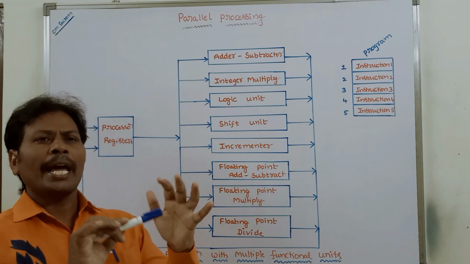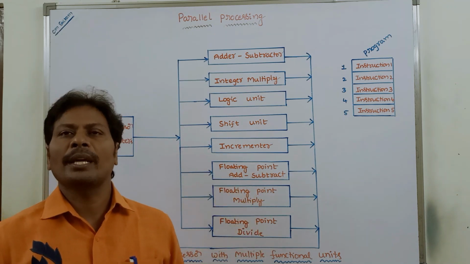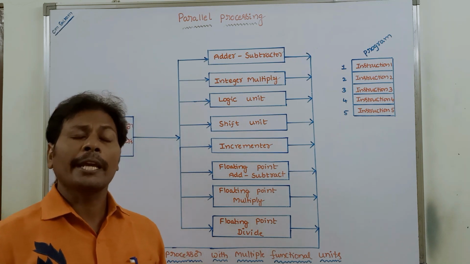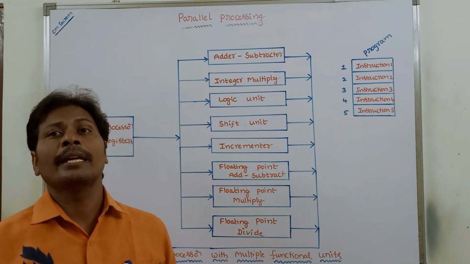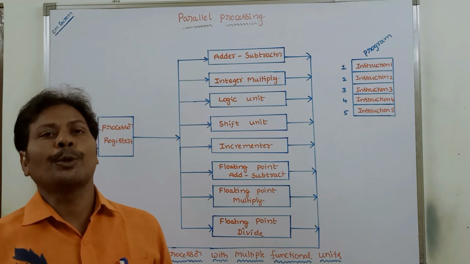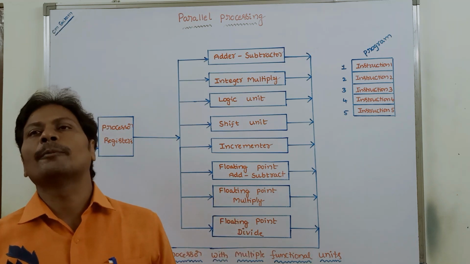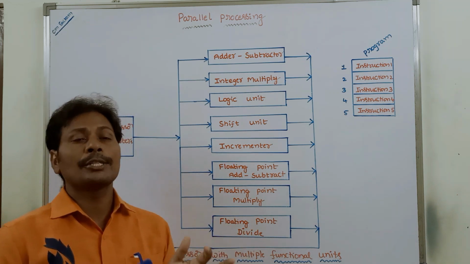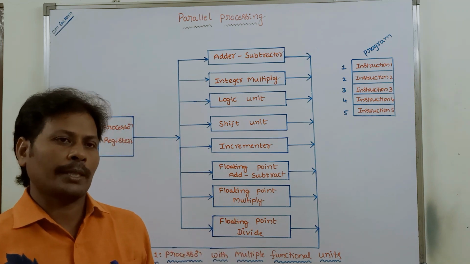So, more than one operation can be executed at the same time by using multifunctional units, by dividing the ALU into different functional units. This is one way of achieving parallel processing.